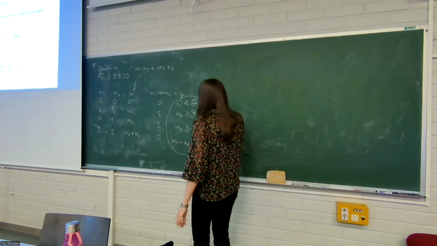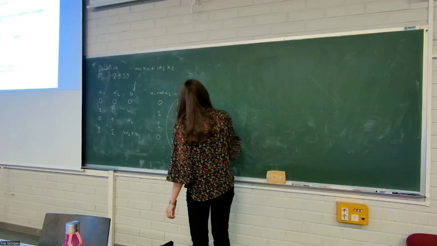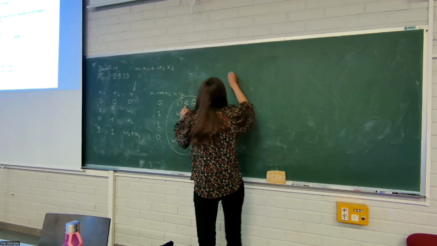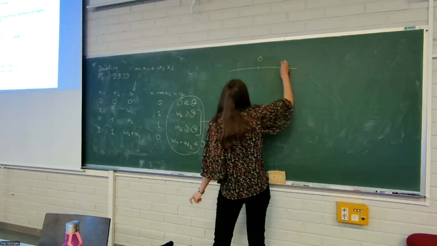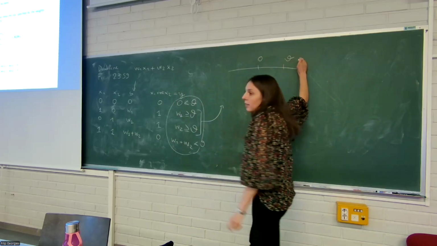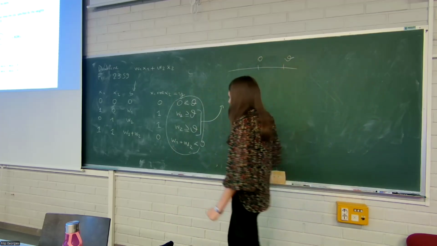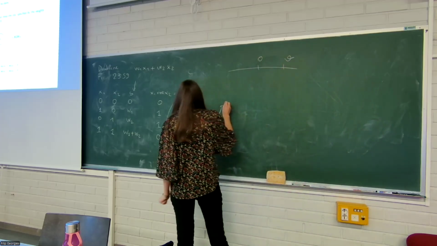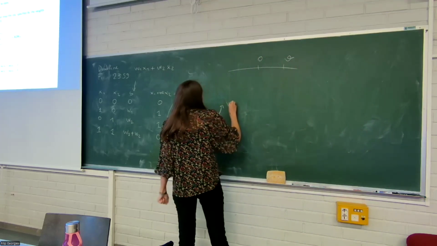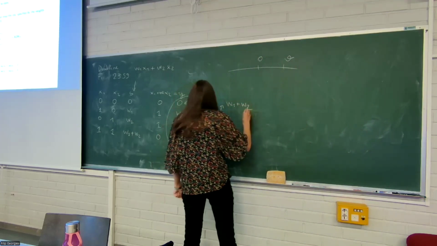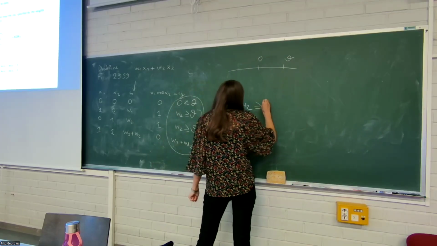Yes. Because if I take these two, this first condition says this is 0 and theta is positive. I need it. And these two together say that W1 plus W2 is greater than 2 theta.